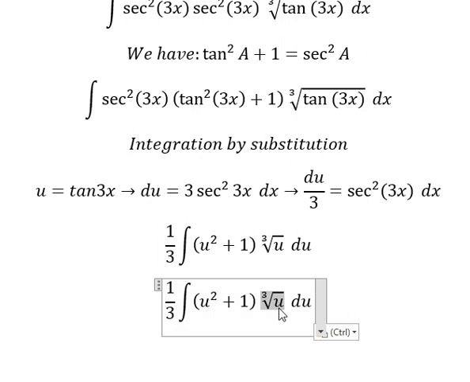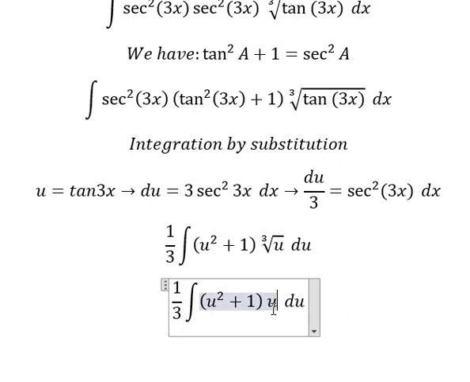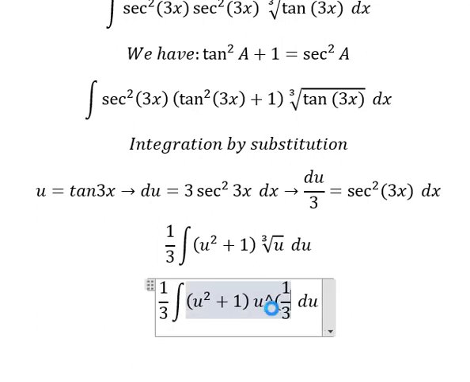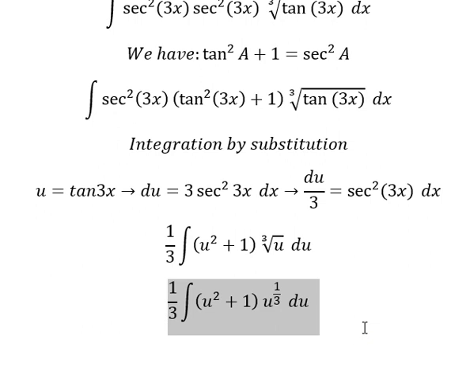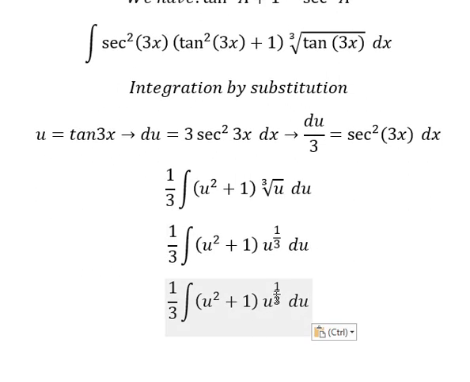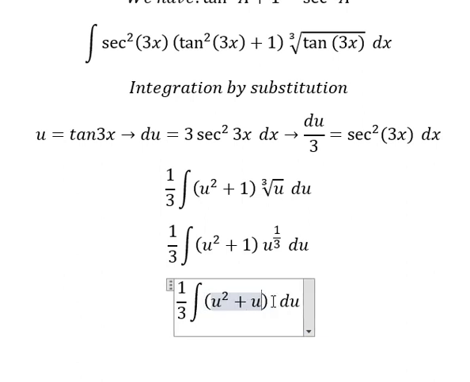So this one that is about u to the power of 1 over 3. And now I will put this one multiplied by u squared and number 1. And we have like this.